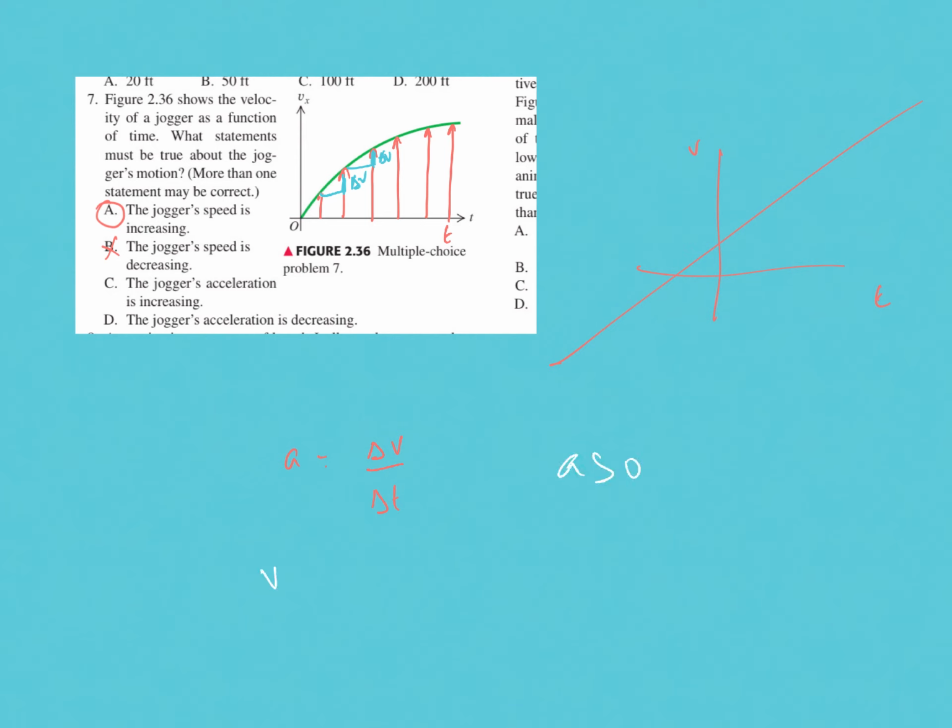So the velocity is always increasing in this graph, in the information that they are giving to me. You see, this thing is bigger and bigger, and the change in velocity per unit of time is positive.